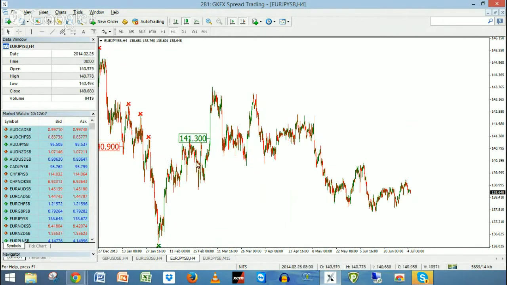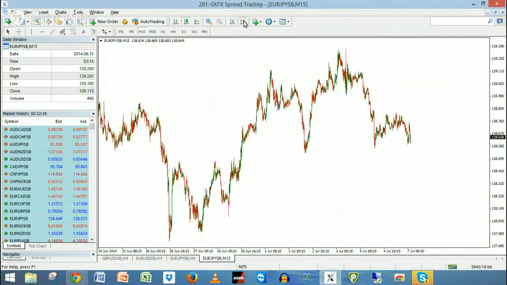In terms of EURJPY, whilst it's been doing this within these big ranges, what it means is that on the 15-minute chart, which I often like to trade if I get time intraday, there's some nice moves with the higher highs and higher lows here.